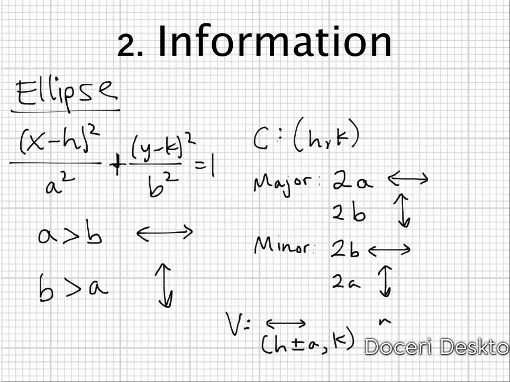If we're going up or down, we're affecting the k value, the y value of my center, so the h stays the same, and we add and subtract b from k. So those are the vertices.